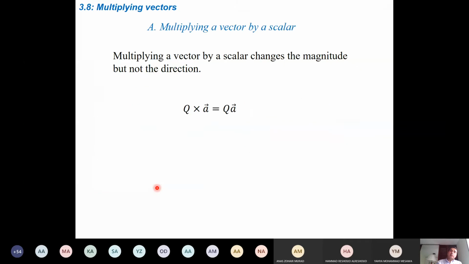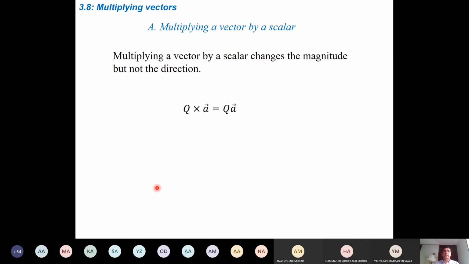Okay. So here when we are coming towards the multiplication of vectors, we have three different kinds of multiplication. One, if you choose any vector and you multiply that with a constant scalar quantity, you can do so, and all it will do is change the magnitude of the vector by that much.